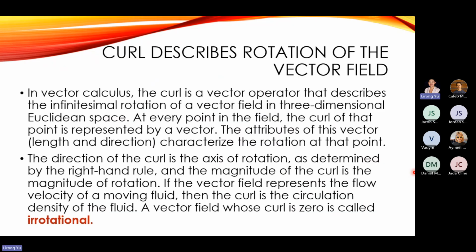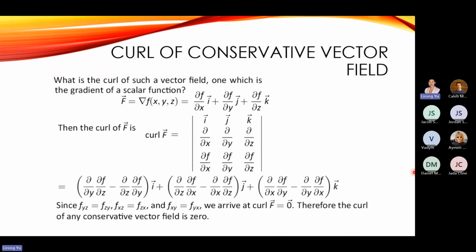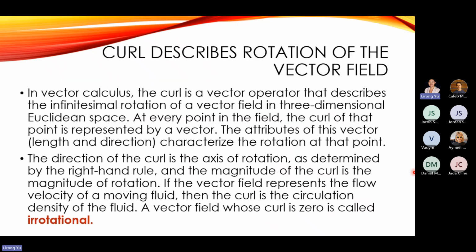So if I have a curl that's not a 0 vector, then it will give us the spin, like the axis of rotation spin. So this page basically describes the physical meaning of curl.